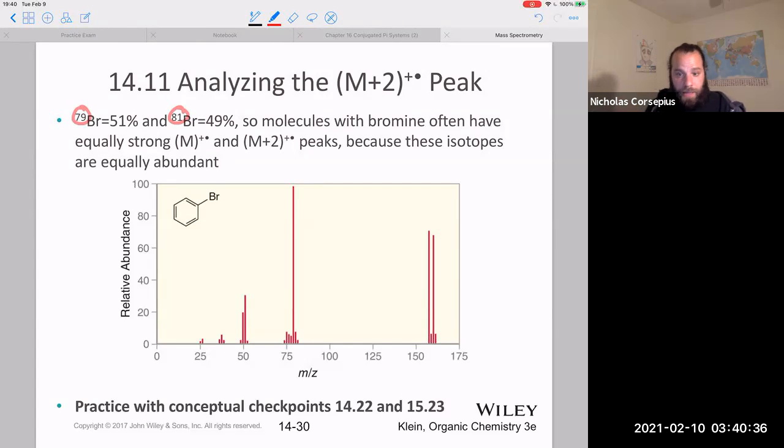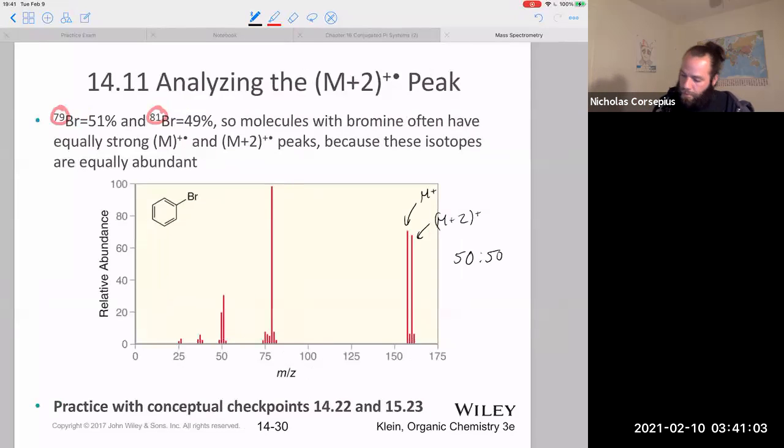So when you're looking at a mass spec and you see, all the way to the right of your spectrum, a pair of peaks that are exactly 2 units apart, that is the signature of a bromine molecule. Here is my molecular ion. Here is my M+2. And again, these are about 50-50 or 1-to-1. Okay, so again, these are just something that you can see just by looking at it.